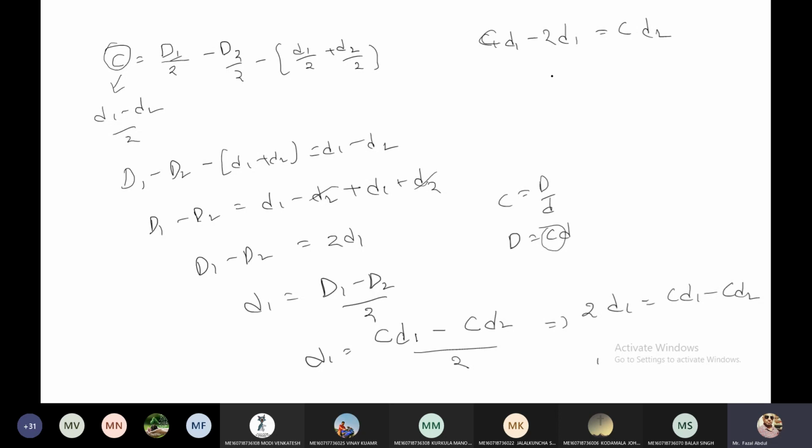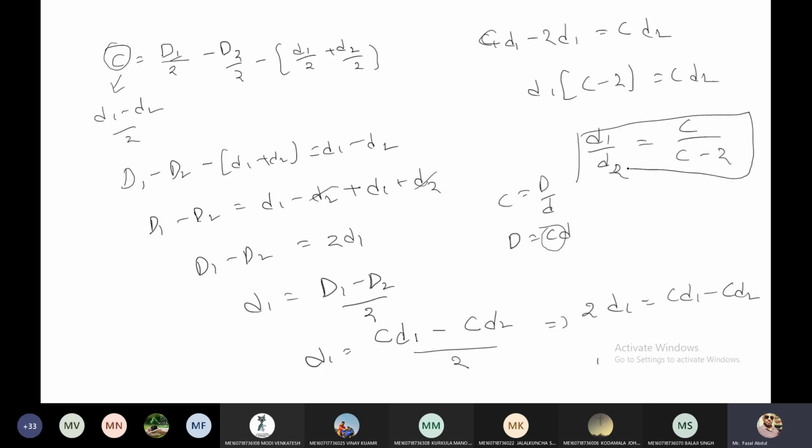So taking d1 outside, d1 into C minus 2 equals C into d2. Now the ratio d1 by d2, the diameter ratio of the spring wire, equals C by C minus 2. This is another equation we have.